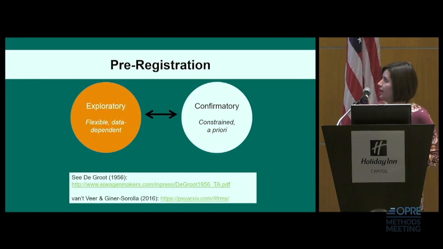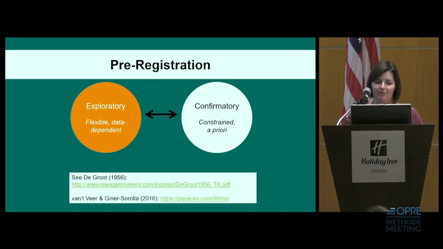Pre-registration helps us to see the dividing line between more exploratory research, which is flexible and has decisions that might be made dependent on the data, and more confirmatory research that has constraints applied and makes decisions a priori, or ahead of time. I've linked a couple of resources down at the bottom for you to look into the theory behind the practice.